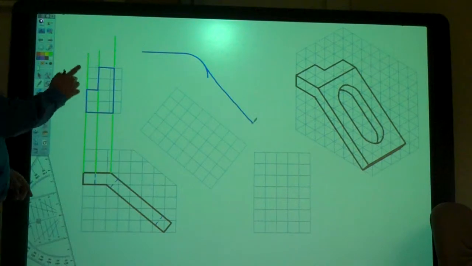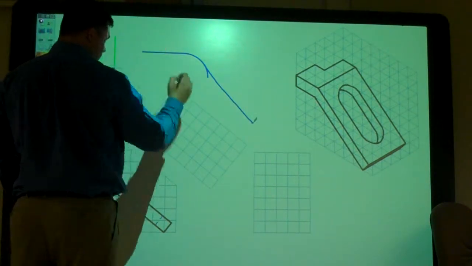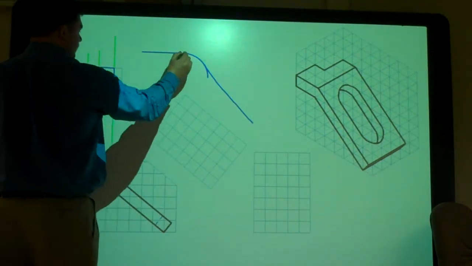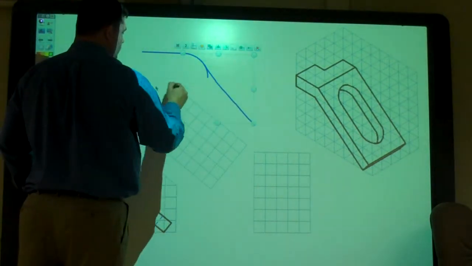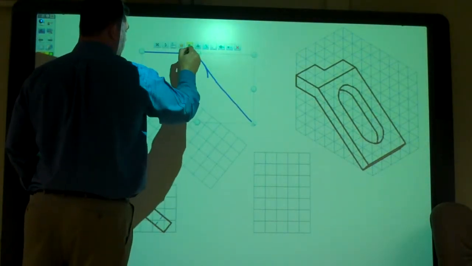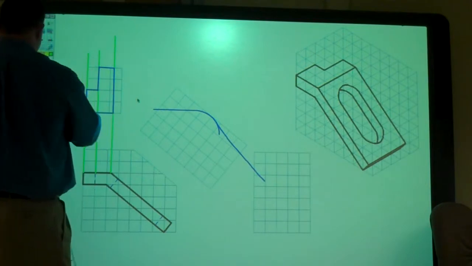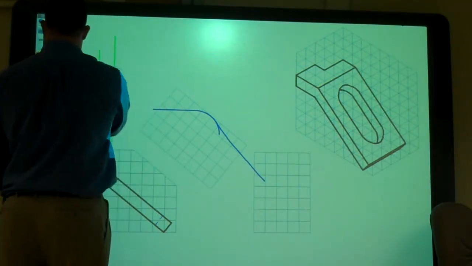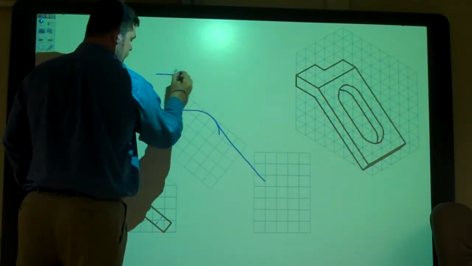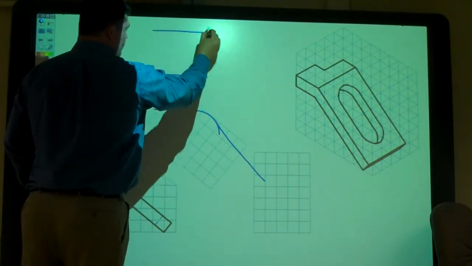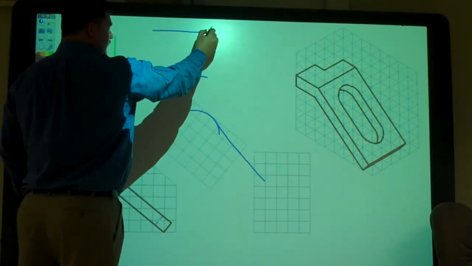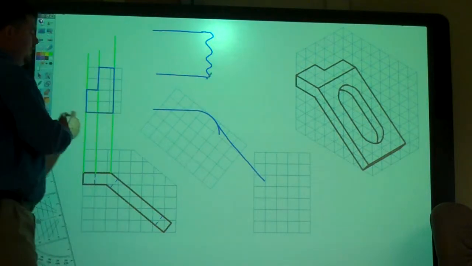But what we're going to do for that is move that out of the way somewhere. If it was that, I'd have my piece here, and then I'd do that.